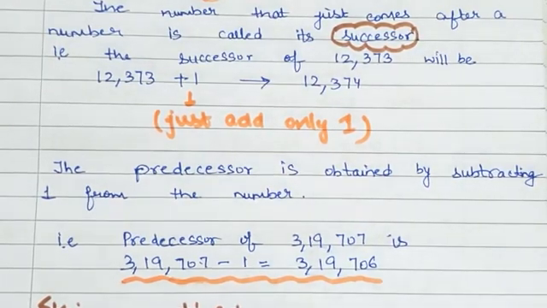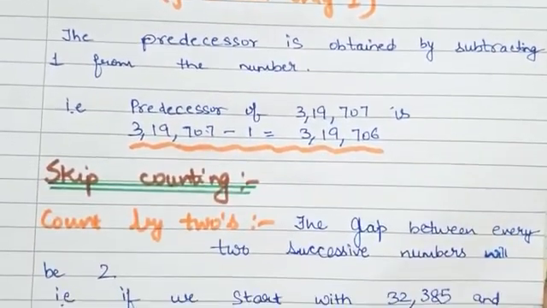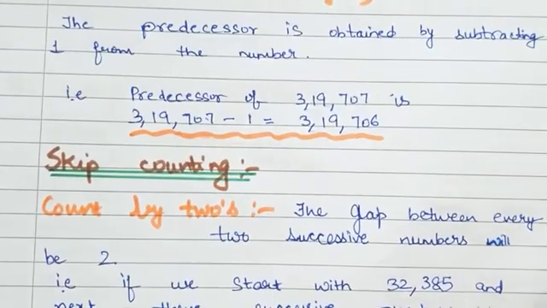So now let us start with what is skip counting. First, how can we do the skip counting by 2? By 2 means we will take the gap between two successive numbers as 2.